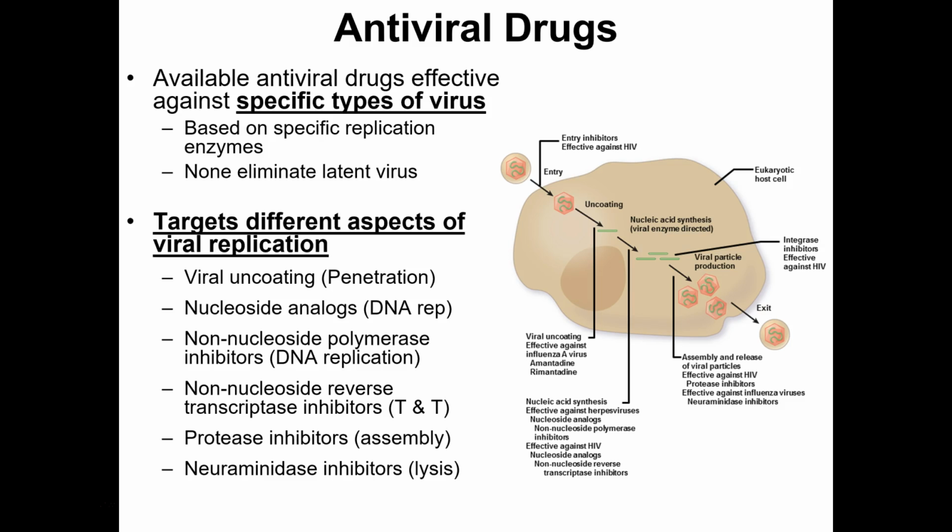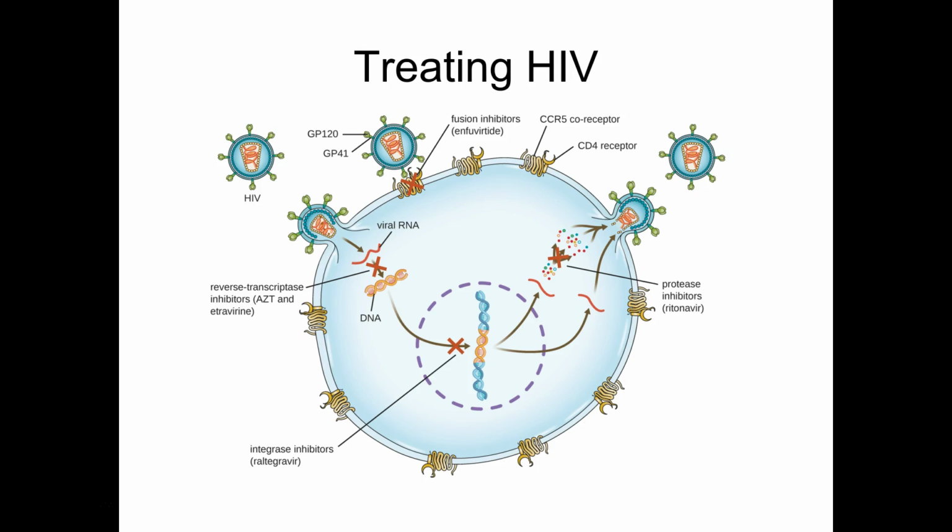So I got a whole list of them here, but let's just look at the diagram. So treating HIV. So these days, individuals with HIV are given a cocktail of antibiotics in a single pill. Antibiotics, antivirals. And here we're illustrating which steps in HIV's replication cycle does each antiviral inhibit.